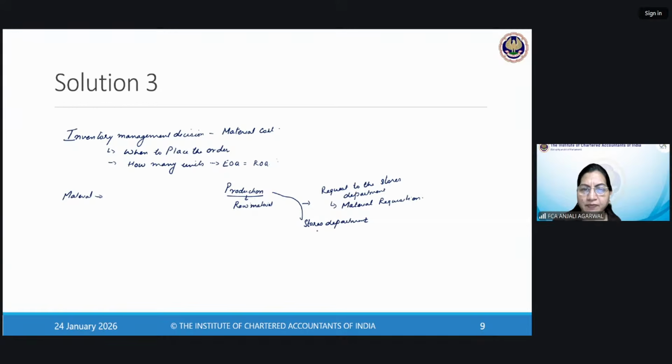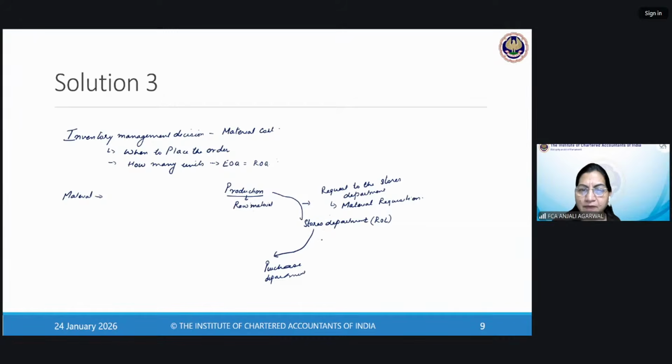The stores department issues the material to the production department, gives it back to them, and then, after giving the material, if the stores department feels that the stocks are depleting or the reorder level has been reached, they will make a request to the purchase department that please purchase this material for us. The reorder level for this material has been reached.